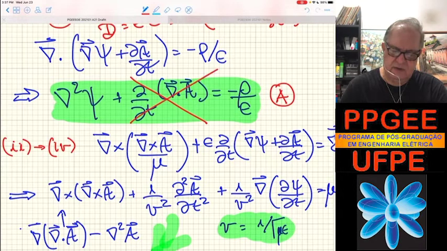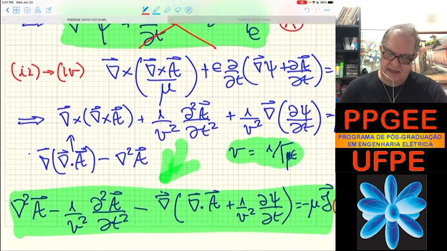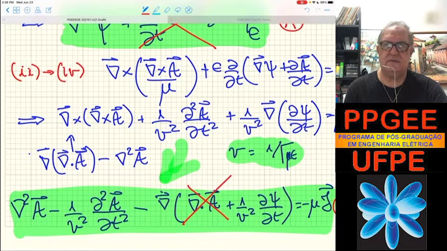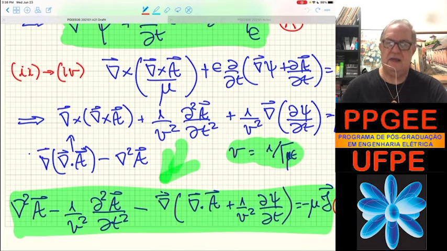This term goes away. We have a simpler equation, which is Poisson's equation, in fact, right? And in this case here, I would have this term equals to 0. That's what I would guess. Okay, so what happens in Coulomb's gauge?